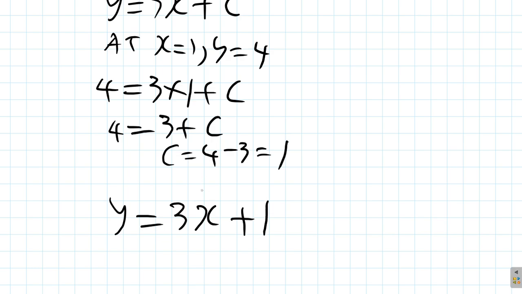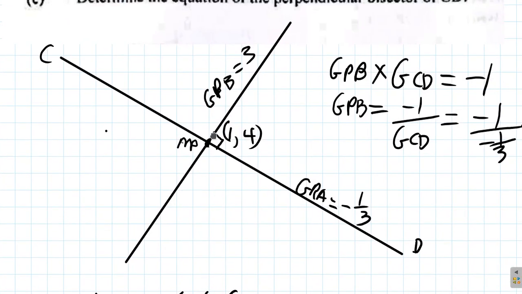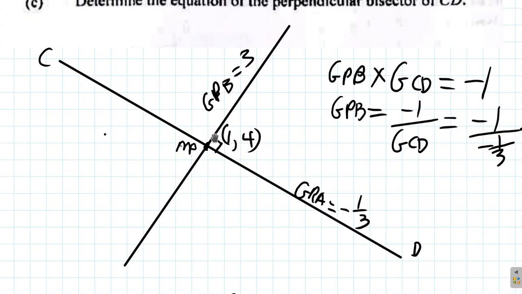Now remember, x and y keep changing, so you don't have any specific number for them. But the fact is, at one instant of time, we know what the x and y were when they intersect, right?